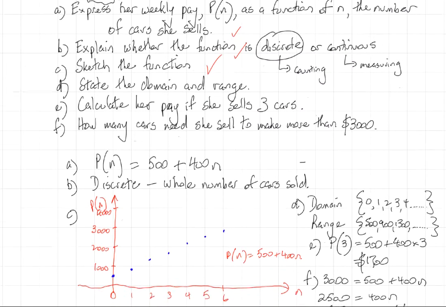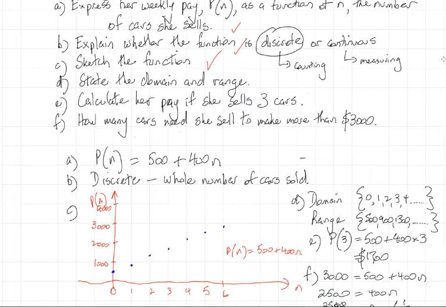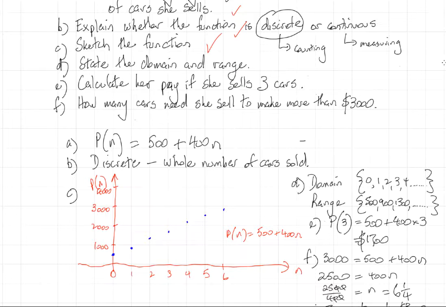Values that sometimes you can read off the graph as well. So here we've got calculate pay if she sells 3 cars. Now sometimes when you want to work out the y value from the x value, in this case the p from the n, if we go up from 3 on the graph, then we can go across here and we can read off that value there.